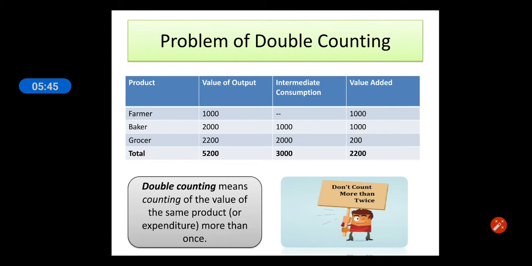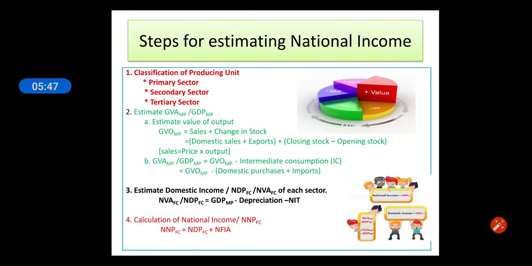Okay, now let's talk about the steps of estimating national income using the value added method. The first step is the identification or classification of producing units. Here we have to classify or identify producing units into sectors.